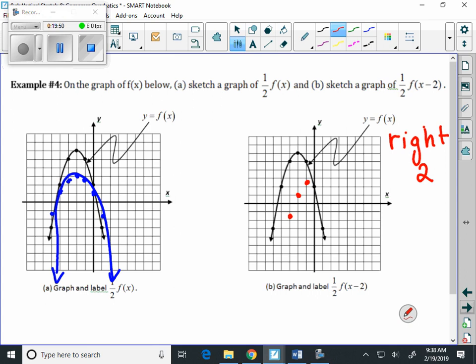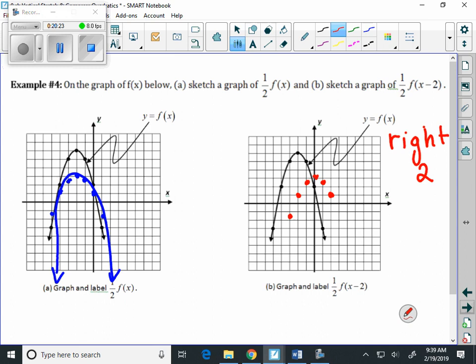Our vertex, -2, 3, is going to move to the right. It's going to become the y-intercept now. That's 0, 3. This point -1, 2.5 is going to move 2 spaces to the right. So it's going to be positive 1, 2.5. Our blue y-intercept at 0, 1 is going to move to the right.